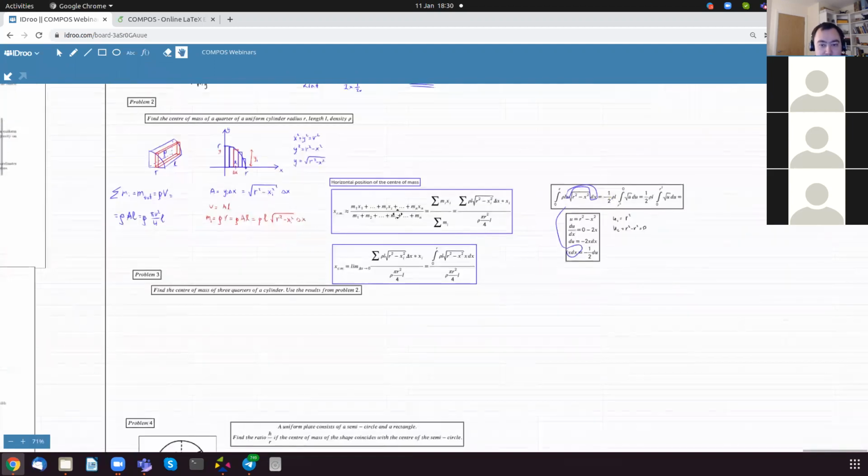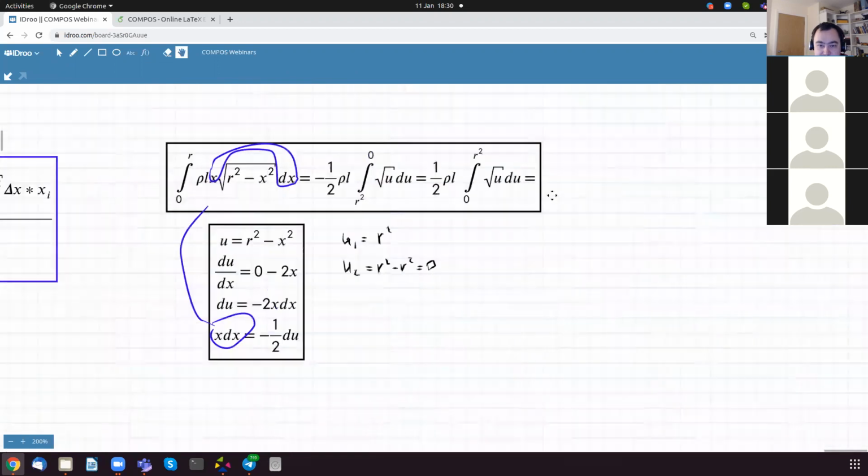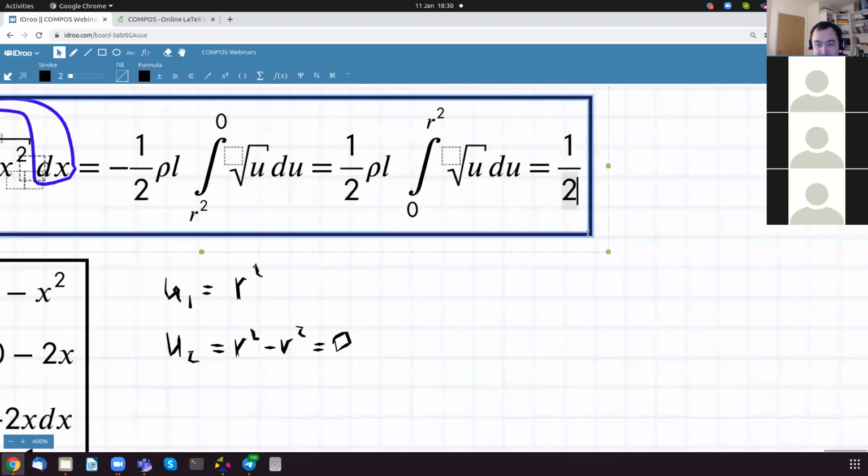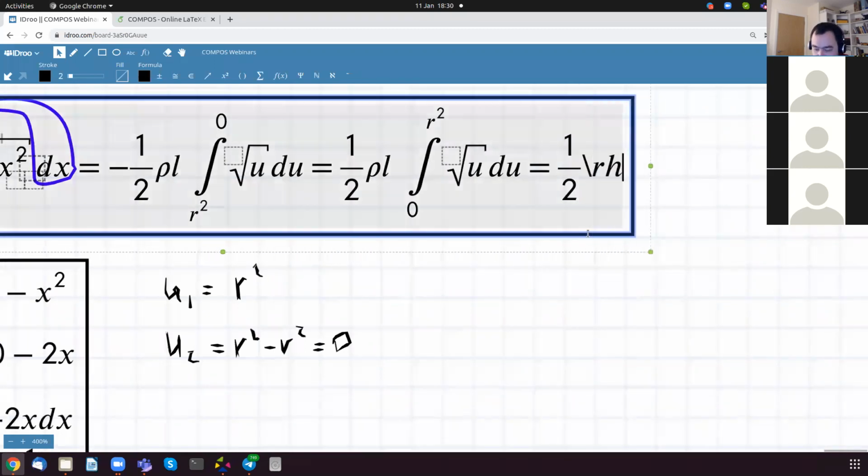I'm just going deep into integration at this point. So I get 1/2 rho L, and then the integral of u squared.